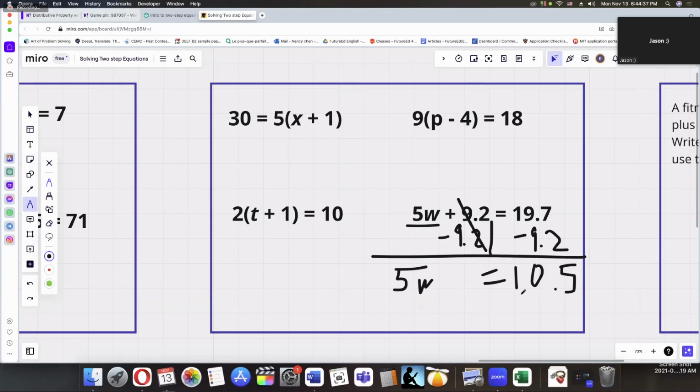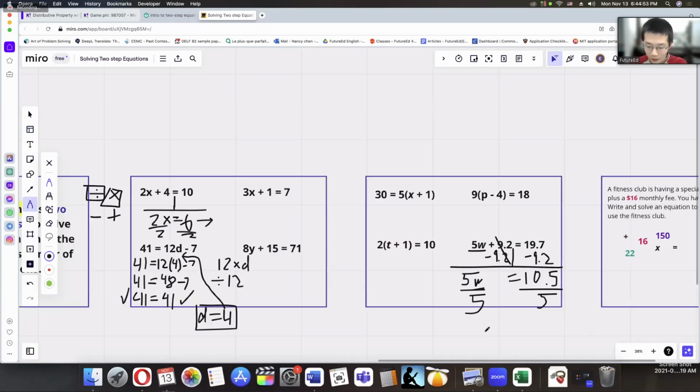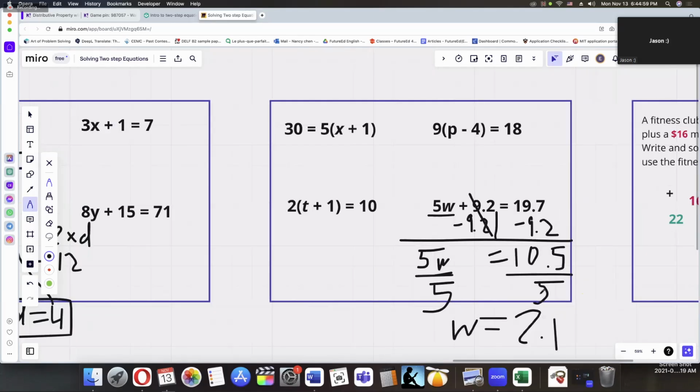So how do we simplify this equation so we only have W? Divide by what? Divide by 5. The answer is 2.1, because if you do 10 divided by 5, it's 2, and then you have a 5 left.